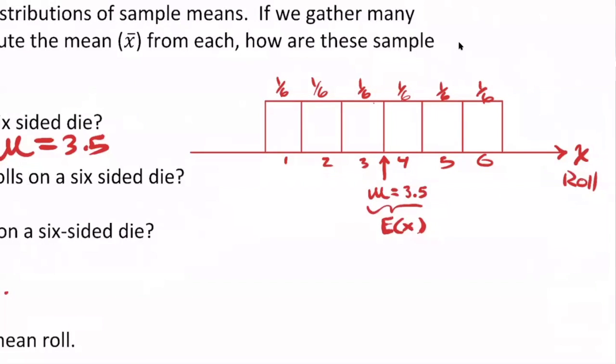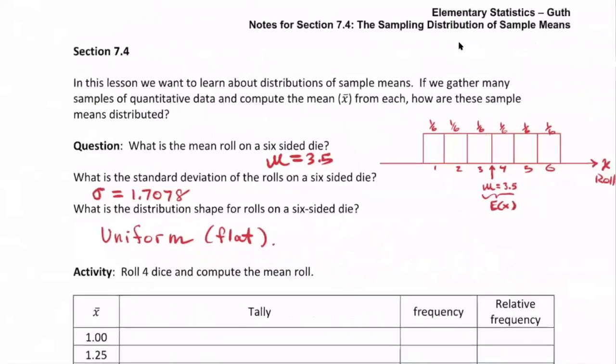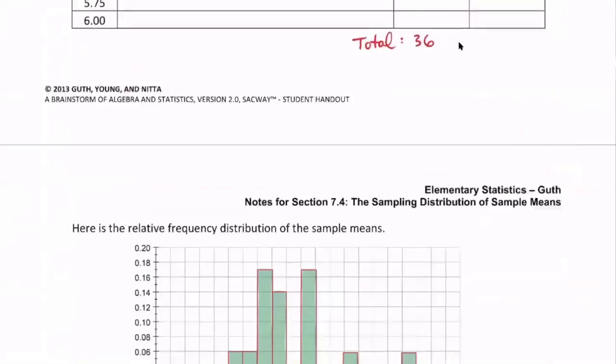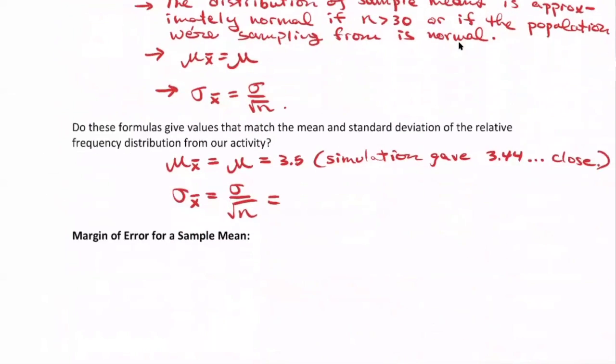The mean was 3.5, the standard deviation was 1.7078. This is saying that the standard deviation of the sample means would be the standard deviation of the population, 1.7078, over the square root of our sample size. Remember, we were rolling 4 dice, so it'll be over the square root of 4. So you just do 1.7078 divided by 2.